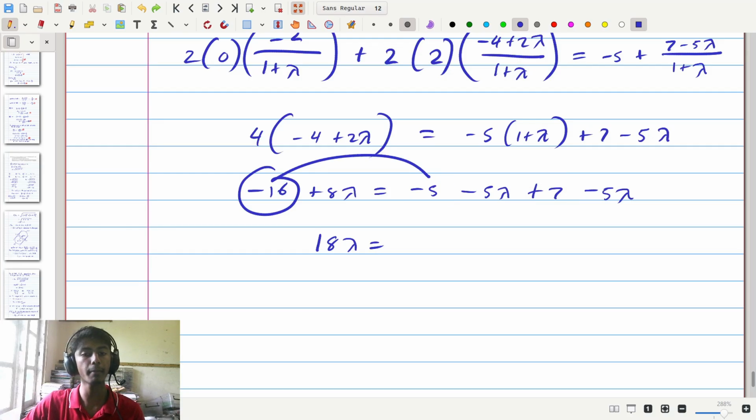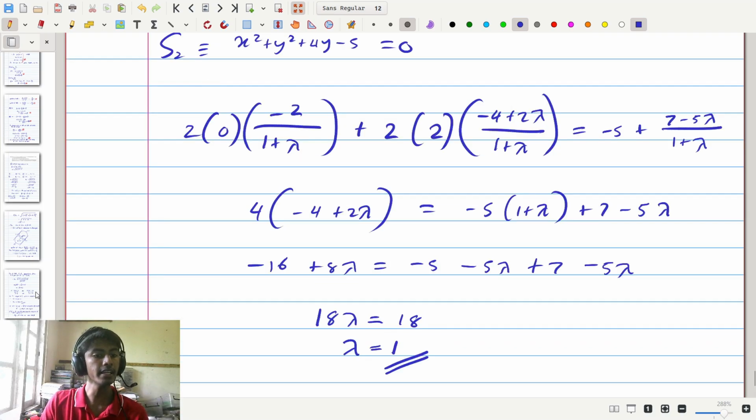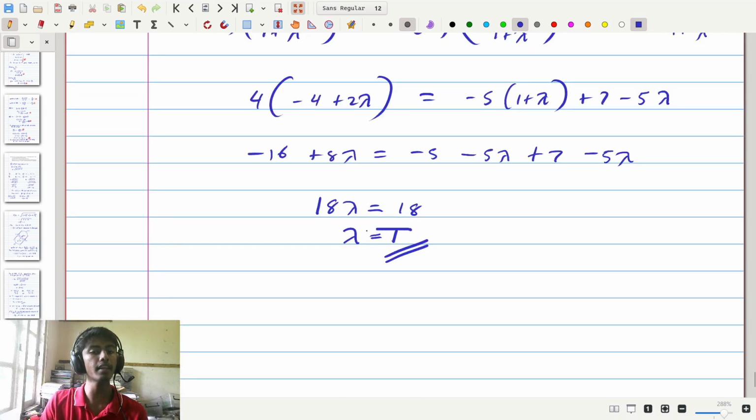So we get 18 lambda equals 18. Now dividing both sides by 18, we get lambda equals 1, and therefore the answer here for the circle S3 that intersects the circle S2 orthogonally is given by lambda equals 1.